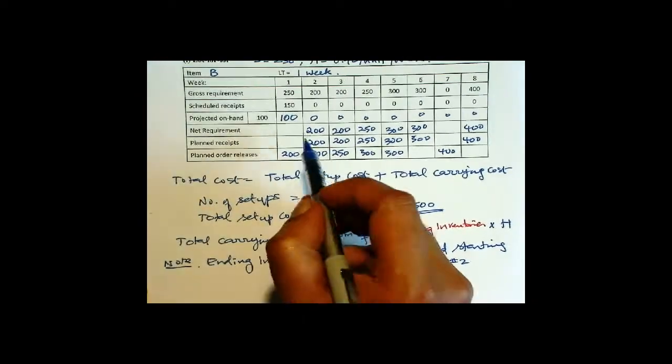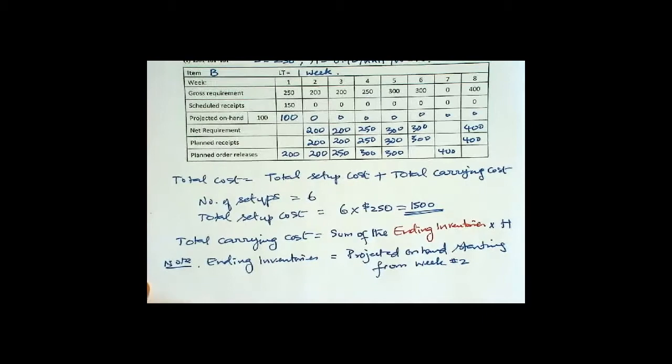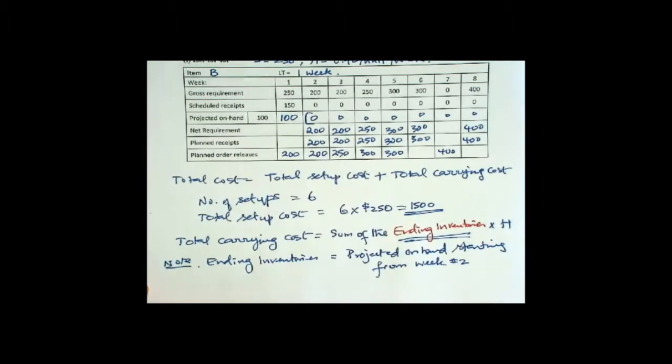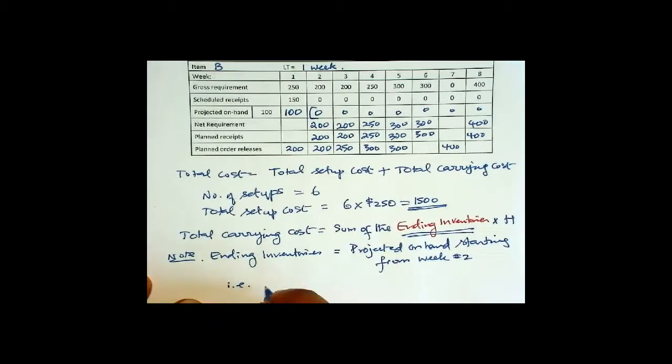Because the projected on hand is the beginning inventory, but what we want is the ending inventory. So we have to start from week 2. So that is equal to 0 times 90 cents, which is 0.